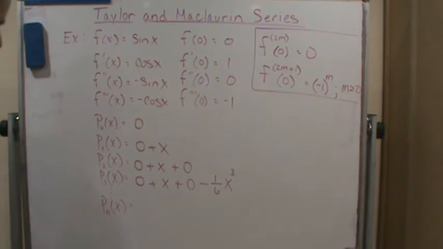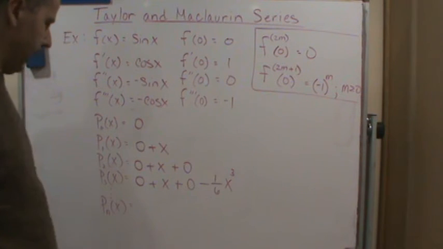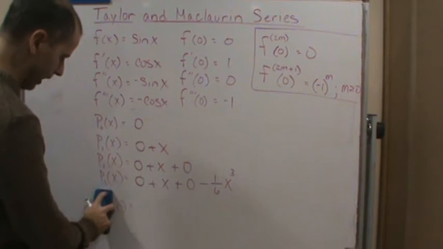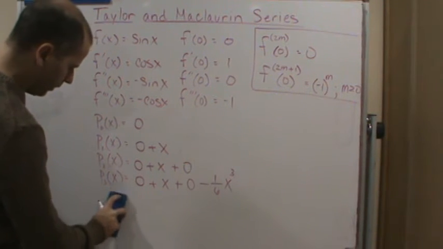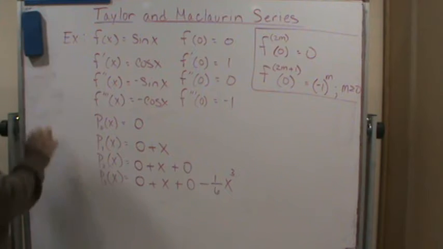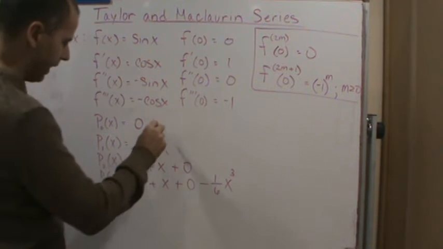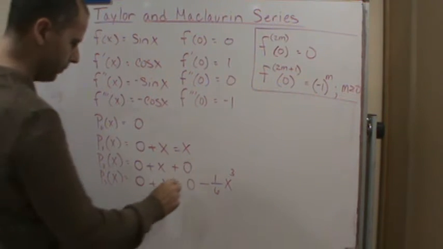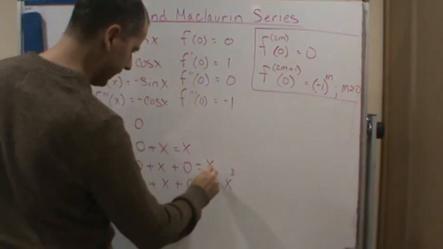Okay, so now we've got this pattern, right? So we know that this is going to keep repeating itself. Okay? So, what's going to happen here? Well, if this is going to equal 0, this is going to equal x, this is going to equal x, right?